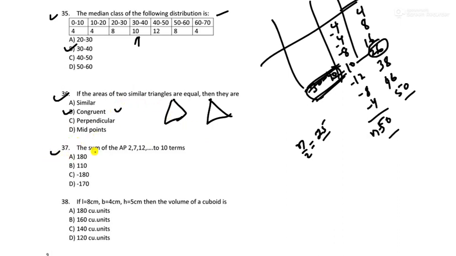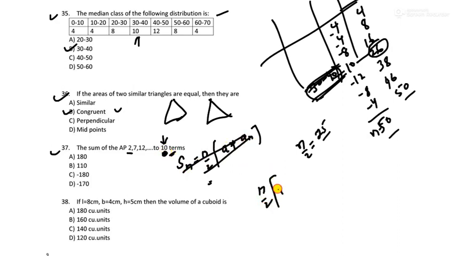So if they are all the same sides, we can call them congruent. Next, the sum of the AP up to 10 terms is dash. So S10, first and last term they have given, 2 and 7. To use the formula Sn is equal to n by 2 into a plus an, oh sorry, this is not for the nth term, this is up to n terms, so not this formula. n by 2 into 2a plus n minus 1 into d, this formula you have to use.